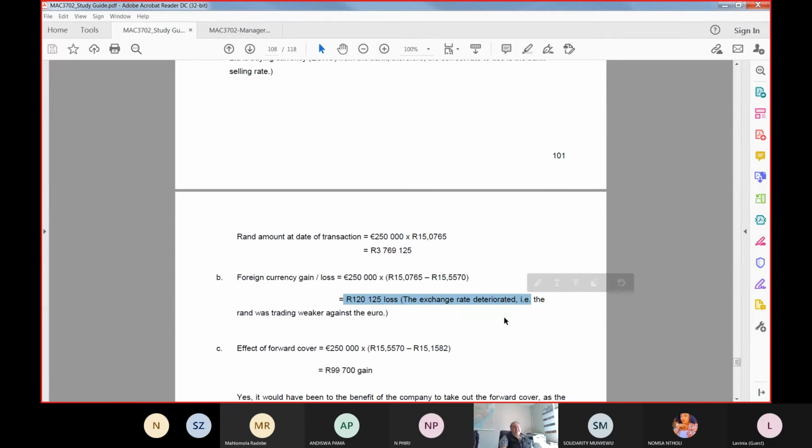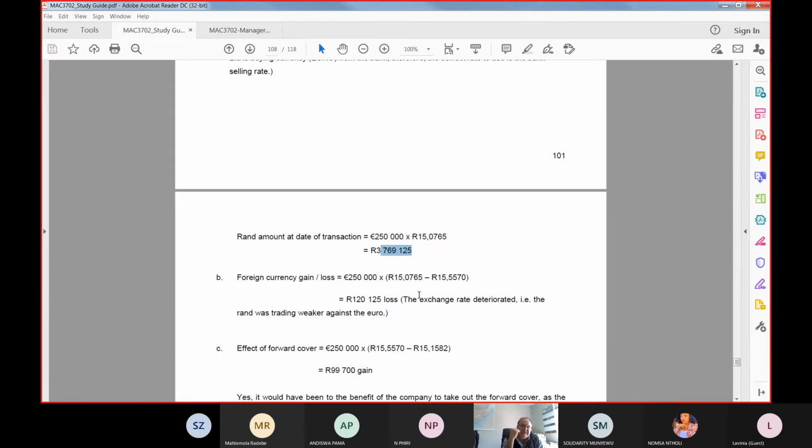Now, in the exams, they're not going to ask you journals, as I said before, but you need to understand, for purposes of management, moving forward. That 3,769,125 rand is on your stock.